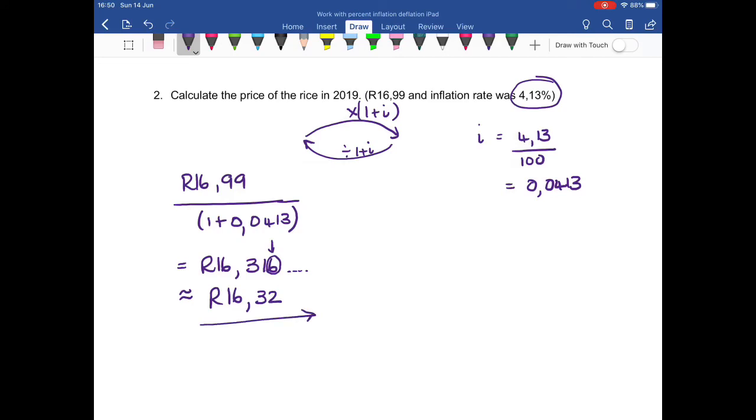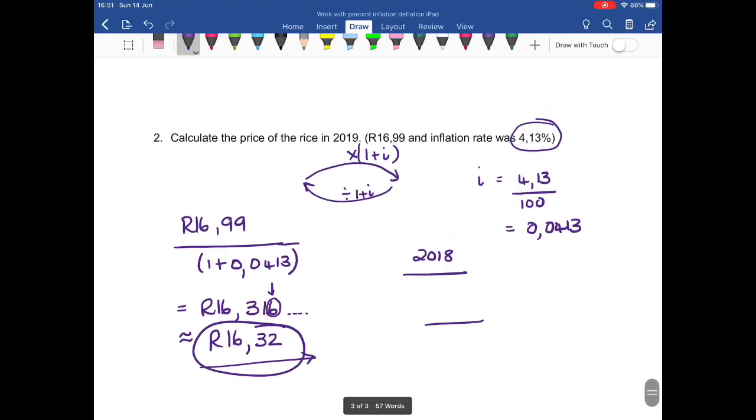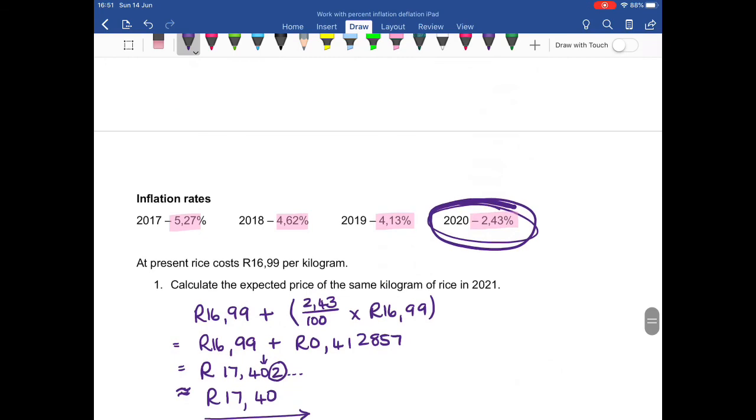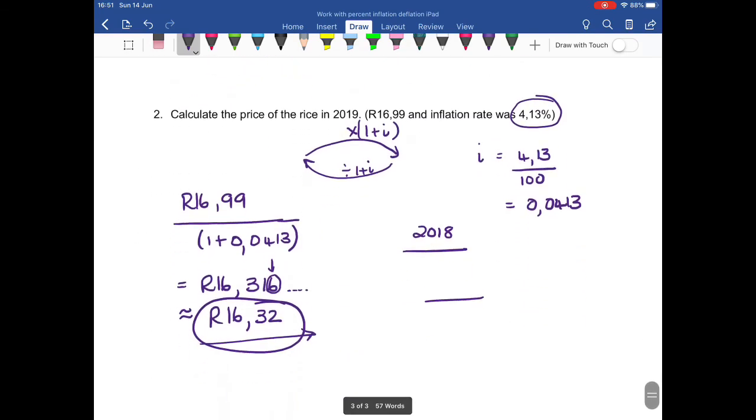And remember, if I have to go back 2 years, so that was in 2019, if I had to find the price in 2018, we have to calculate year on year. So I would take that and I would then divide by the inflation rate of 2018, which was 4.62%.